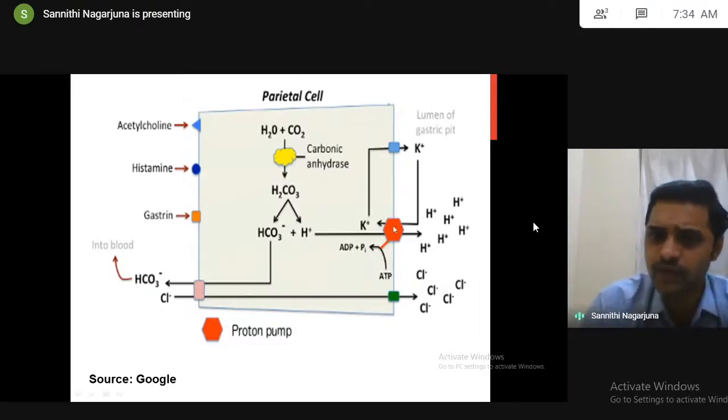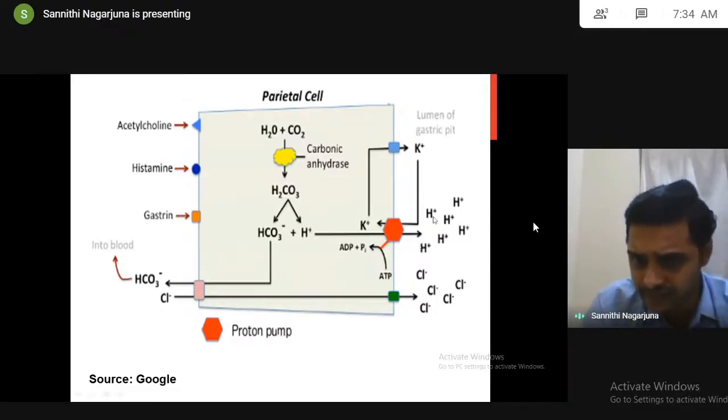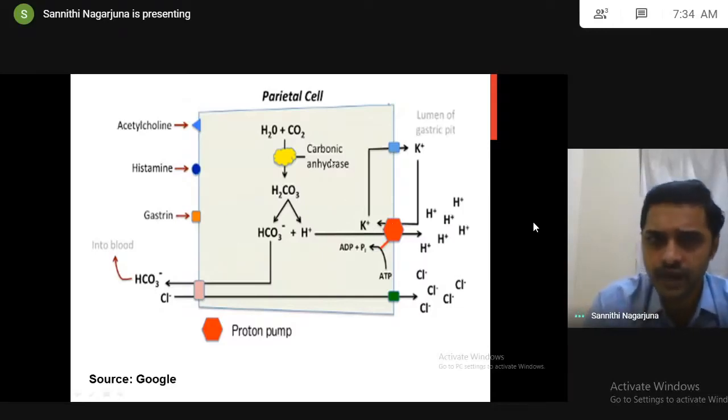The proton pump, also called H plus K plus ATPase, releases H plus ions, which is the acid, in exchange with potassium ions.